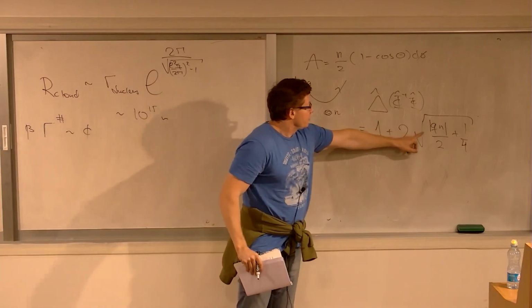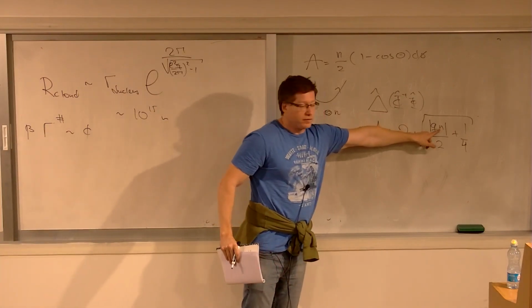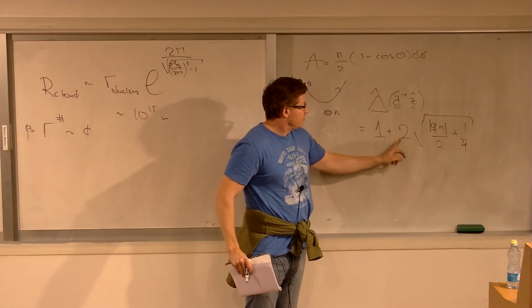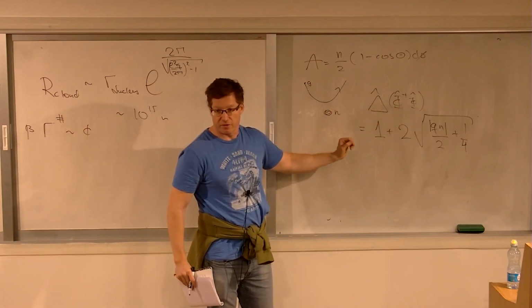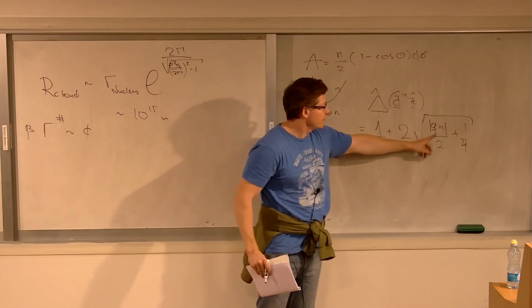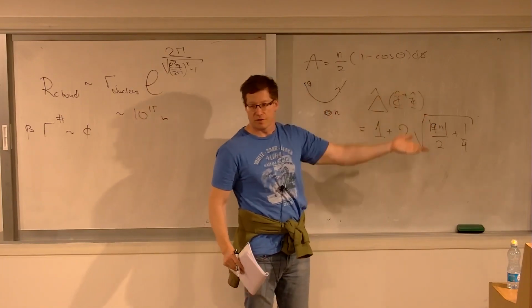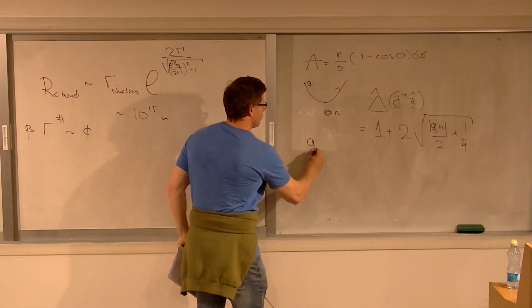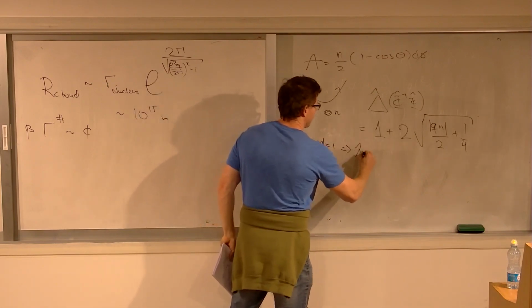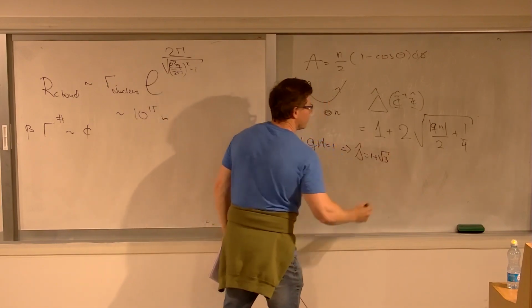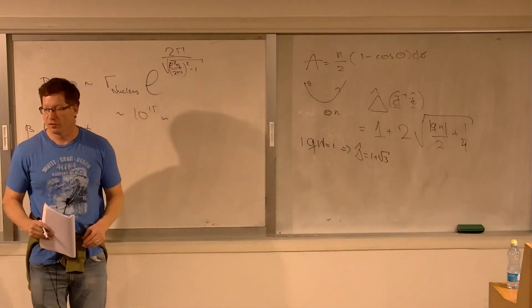You see that when you plug n equals 0, the 't Hooft line disappears. Again, this is 1 plus 1, which is 2. That's the bulk dimension. So there is no defect that agrees with the bulk dimension. But all the 't Hooft line does is to actually increase the dimension. So even the minimal 't Hooft line, which has n equals 1, leads to delta hat equals 1 plus square root of 3. So phi dagger phi is nowhere close to being marginal.